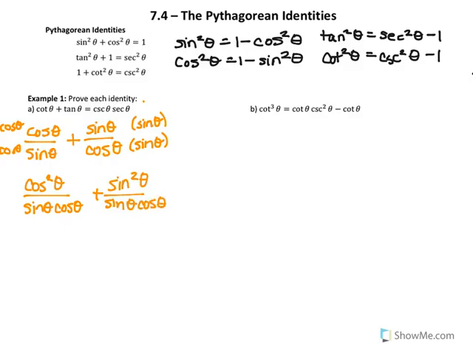Now I can write these as one fraction, so I have cos squared theta plus sine squared theta over sine theta cos theta.